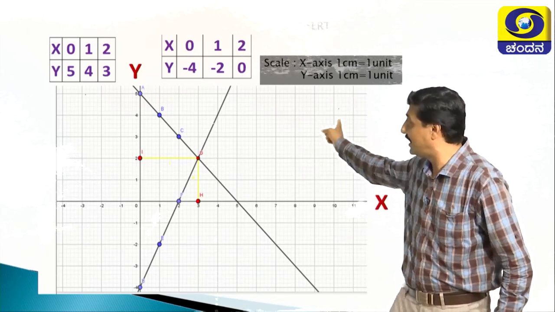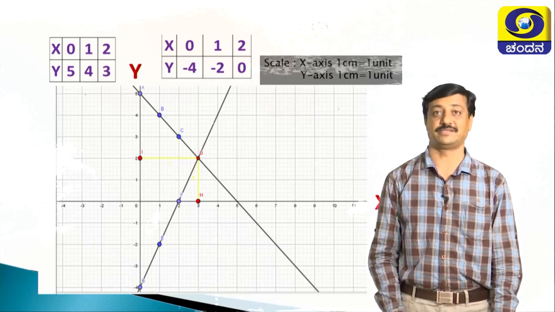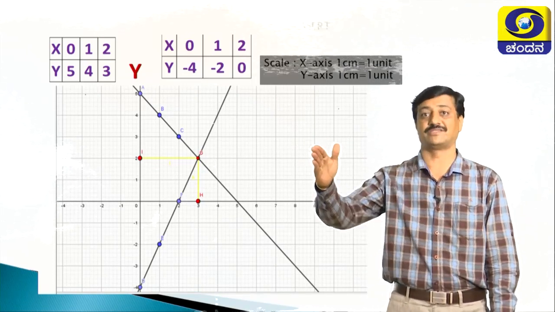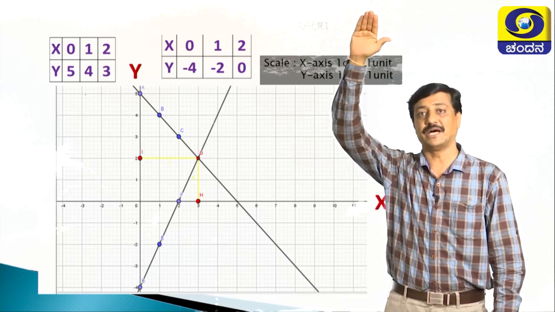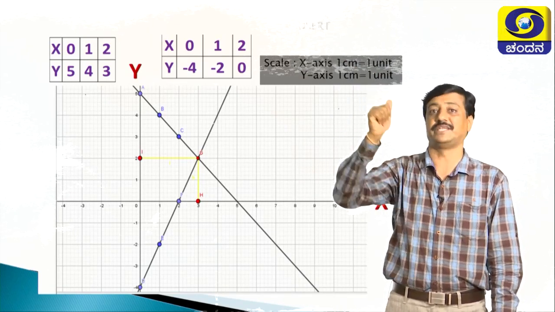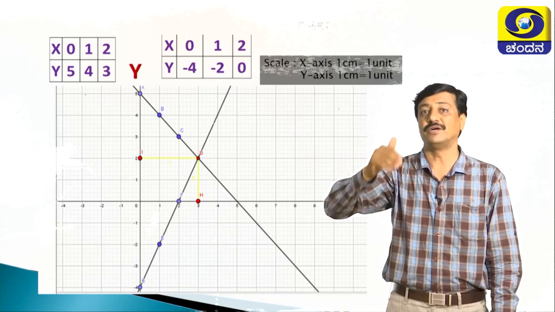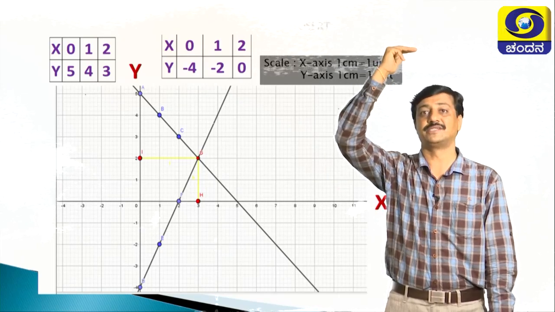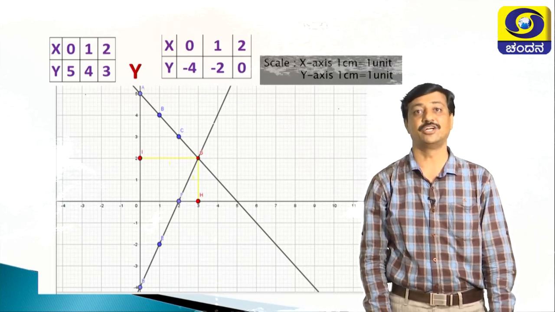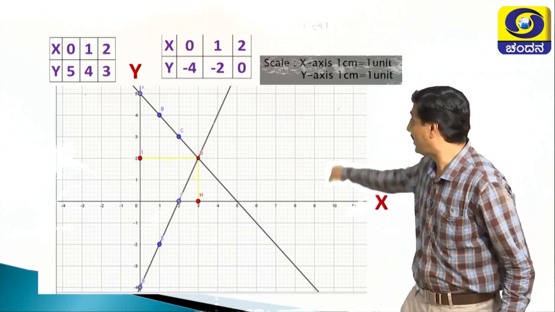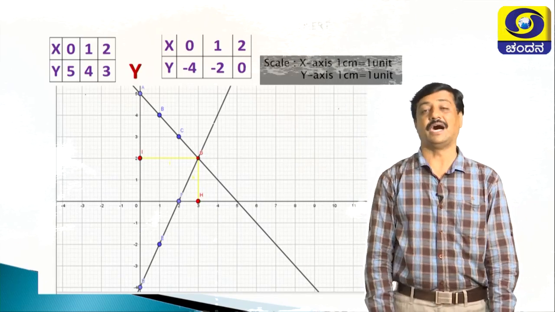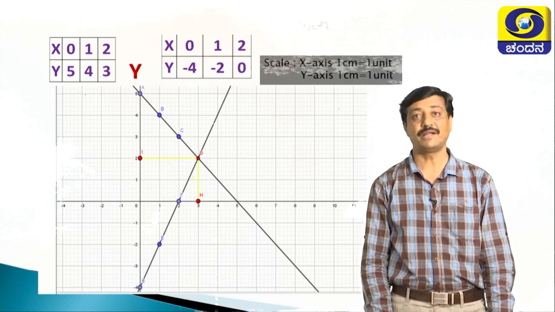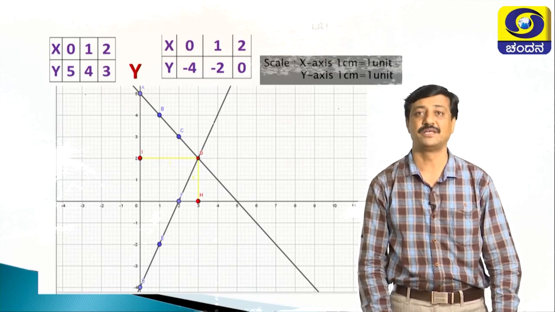After writing this scale, now you start locating the points. Now the first point is 0, 5. Let us move 0 units towards the right side and 5 units upward, because 5 is positive. We have to move along the positive axis. That is why we have to take 5 units upward. Then the point 0, 5 lies on the y-axis. After that, you have to locate the point 1, 4. 1 represents the x value, 4 represents the y value.